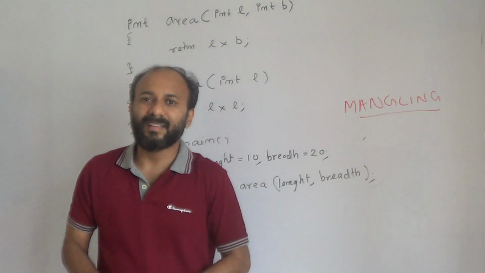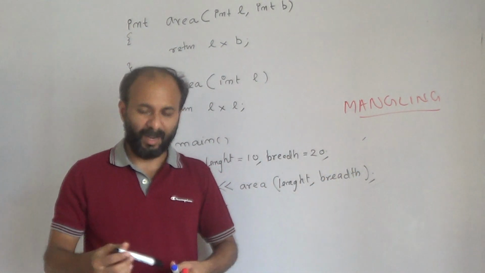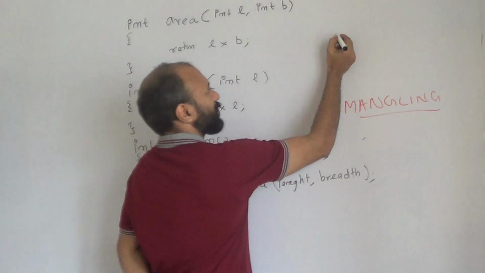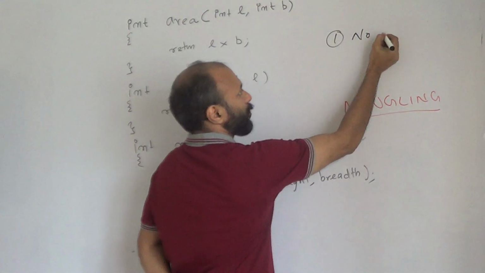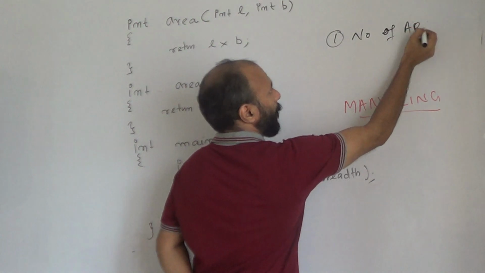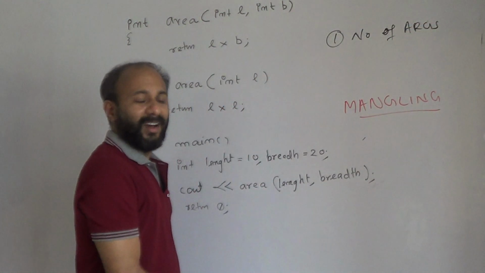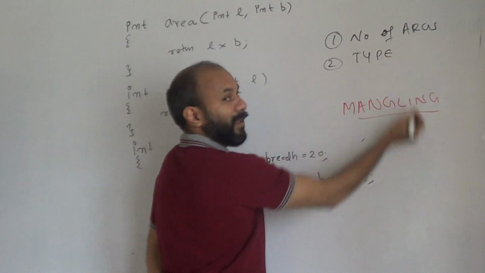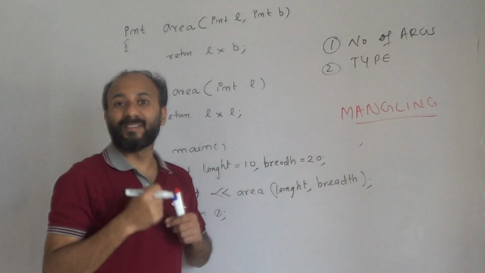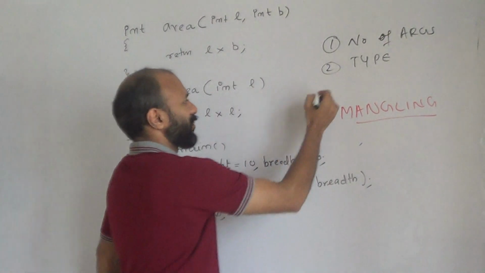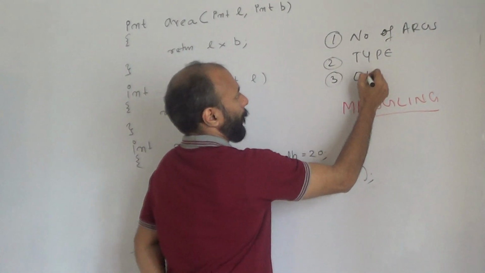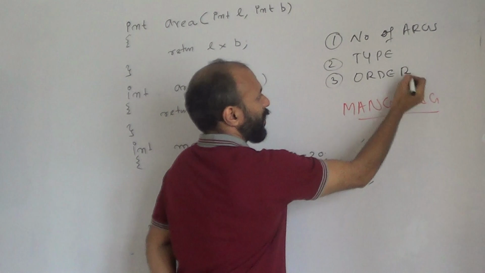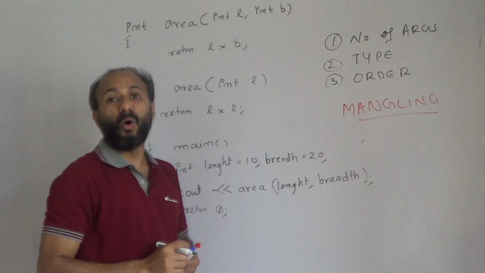But name mangling happens only with the help of the number of arguments, the type of the arguments, the order of the arguments in which we are passing them, and fourth, the scope.